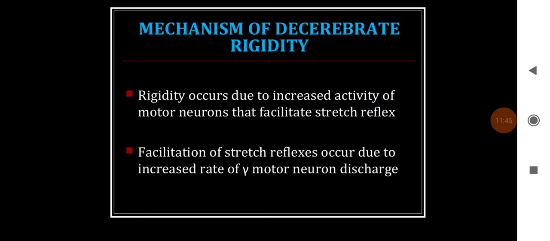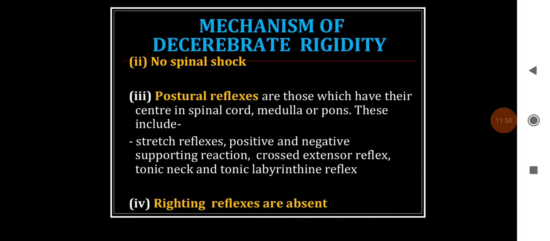Mechanism. The rigidity occurs due to increased activity of the motor neurons that facilitate the stretch reflex. Facilitation of the stretch reflex occurs due to the increased rate of gamma motor neuron discharge. In decerebrate rigidity, no spinal shock occurs.